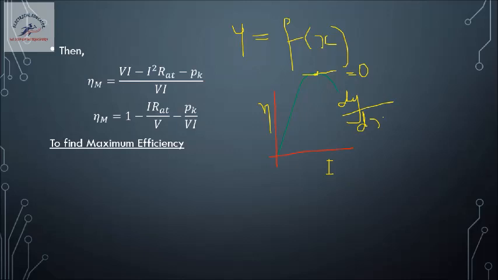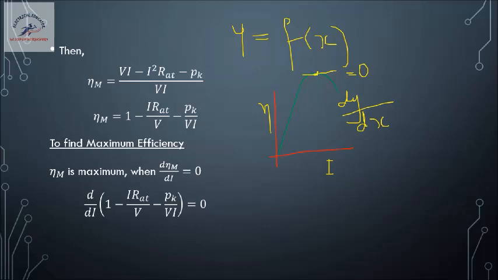If we differentiate the given function y is equal to f of x with respect to x, then we get its slope dy by dx, and that should be 0. So here y is efficiency and x is current I. So to find out the maximum efficiency, what we have to do is differentiate this term with respect to I. So this RHS will be differentiated, and we are equating it to 0 to find out the value of I where efficiency is maximum.